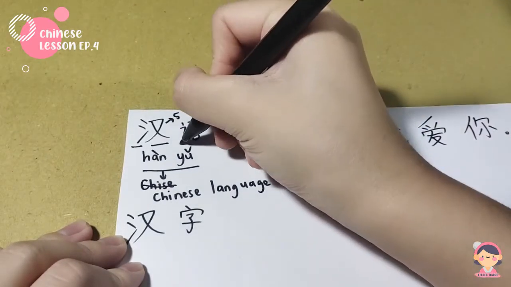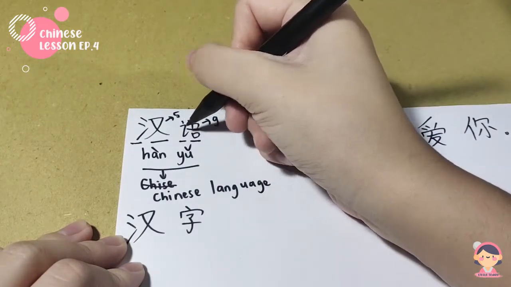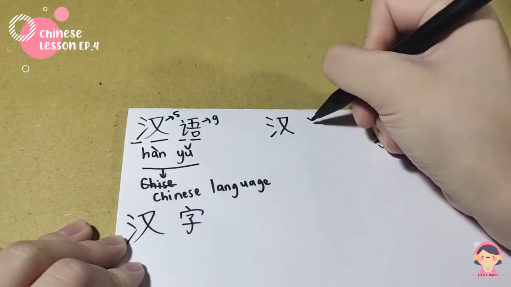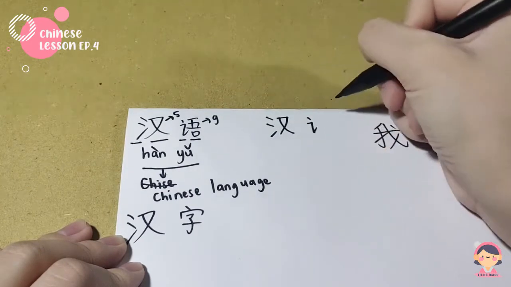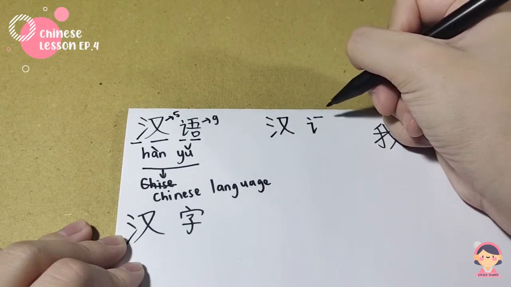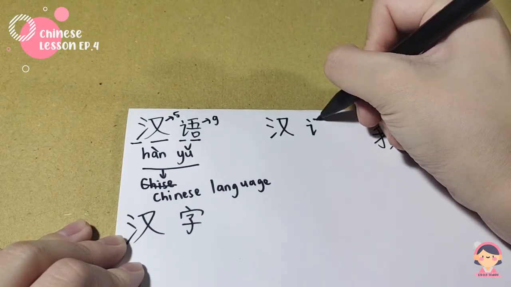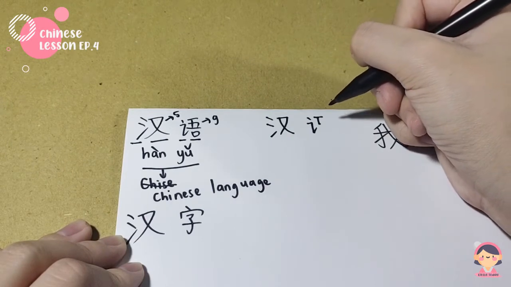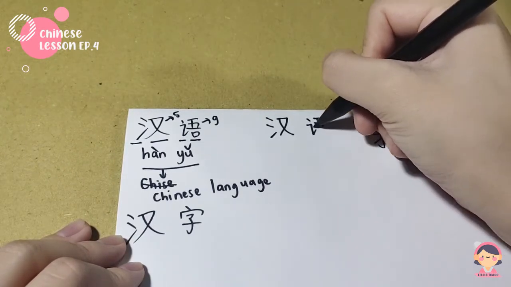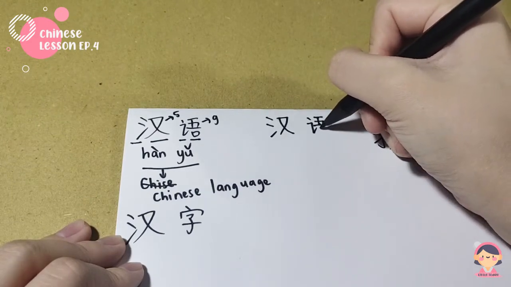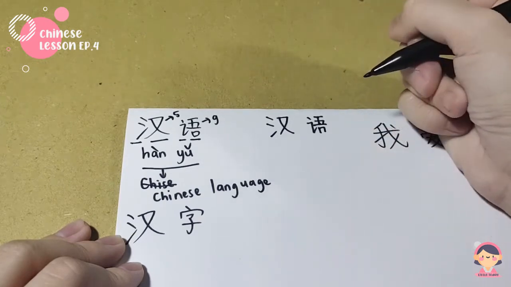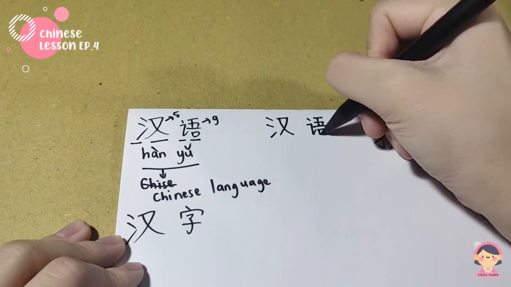And Yu, it also has 2 parts, left and right, so we write from the left. 1, 2, 3, 4, 5, 6, 7, 8, 9.